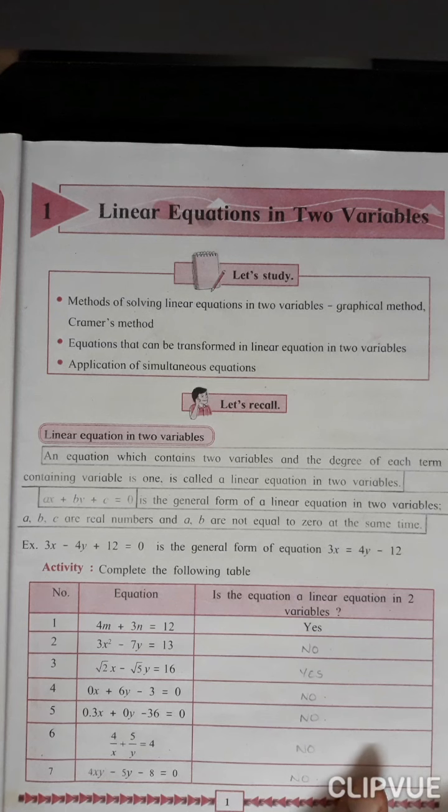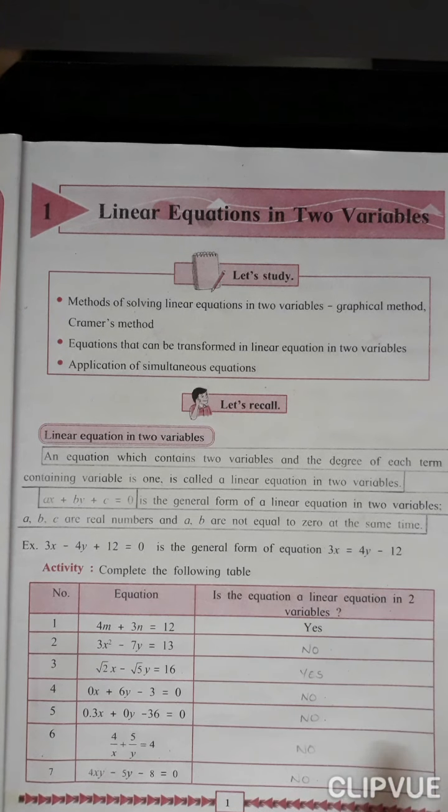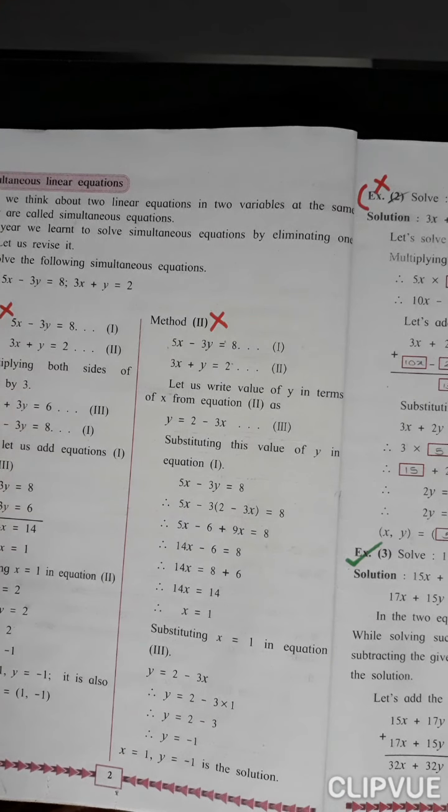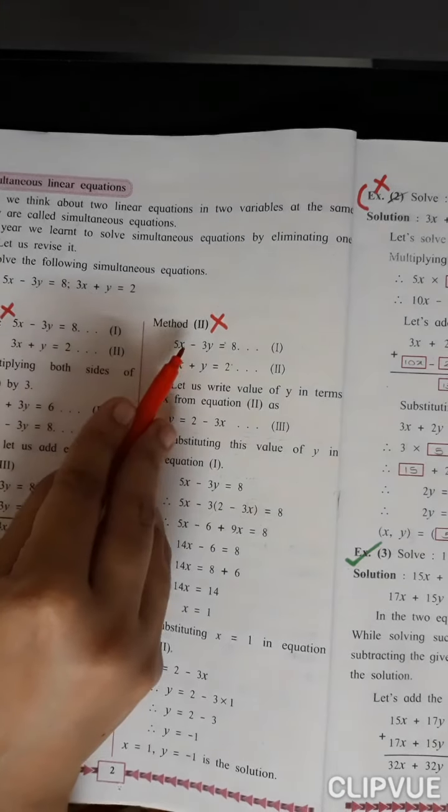In lesson number 1, linear equation in two variables, go to page number 2. On page number 2, you will see method 1 and method 2, simultaneous linear equation solution. Both these methods are cancelled.